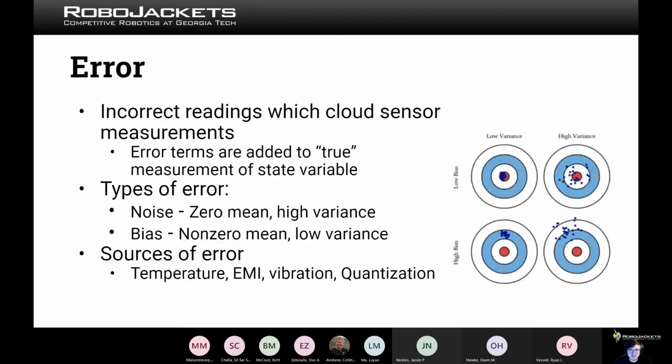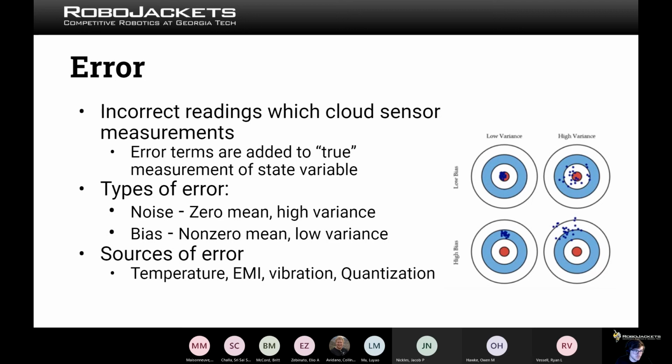So error is, of course, when you look at information with a sensor, there's going to be reasons why it's not 100% correct. The amount of error may mean that you can't use this specific sensor, right? If you're trying to read a value and you can't tell the difference if it's just static noise, it's like talking to somebody on the cell phone.